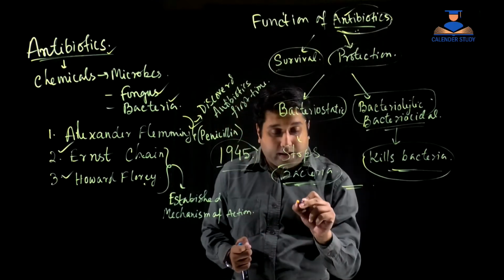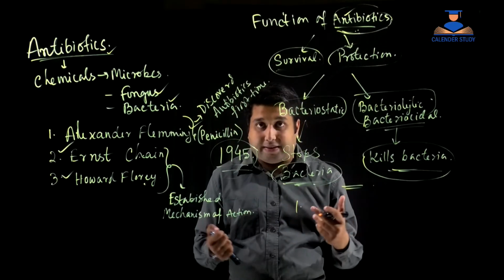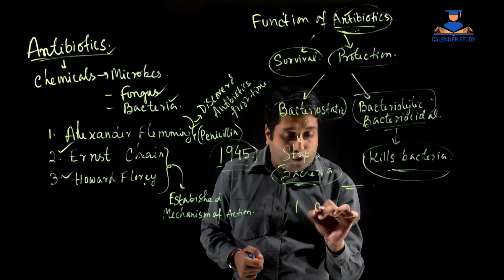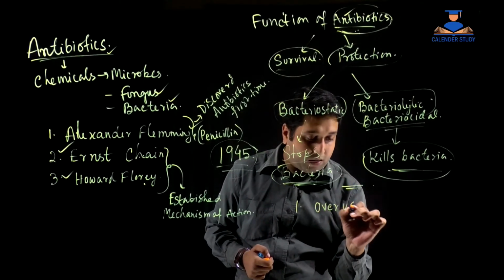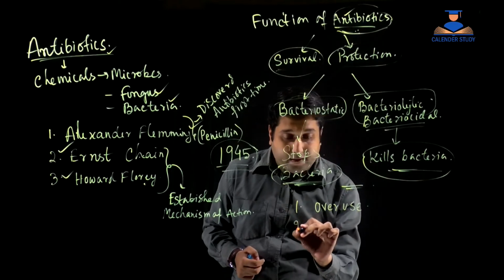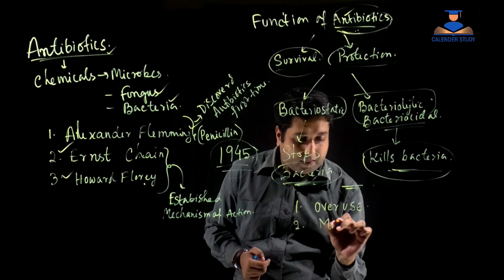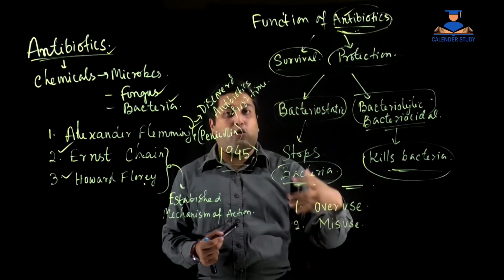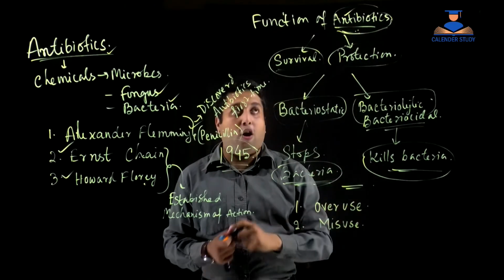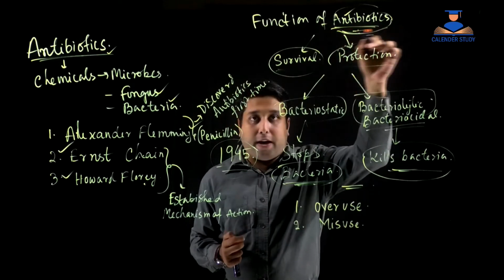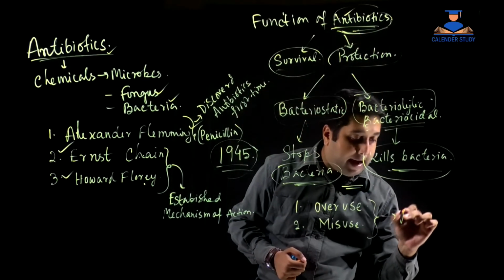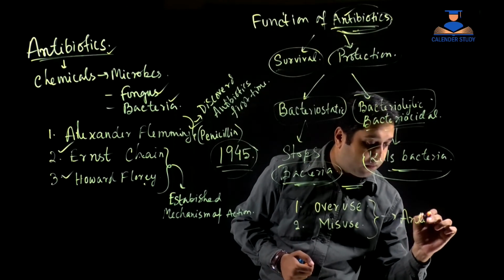The major problem, or major demerit, regarding antibiotics is their overuse and misuse. And because of this overuse and misuse of antibiotics, what we are getting is antibiotic resistance.